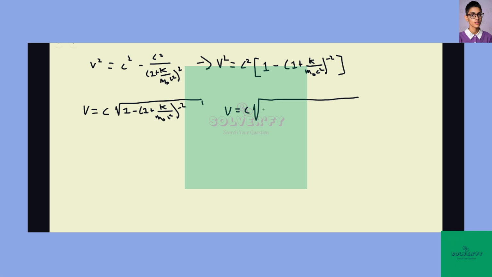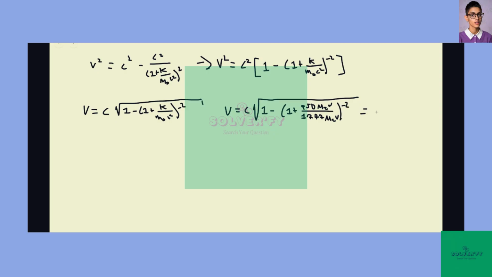We're going to put the square root of 1 minus 1 plus 950 MeV, which is the kinetic energy that it's formed with, divided by the rest mass energy, which is 1777 MeV, to the minus 2.